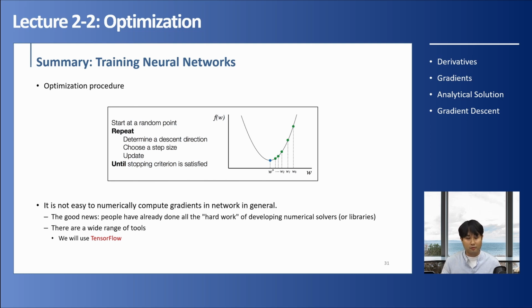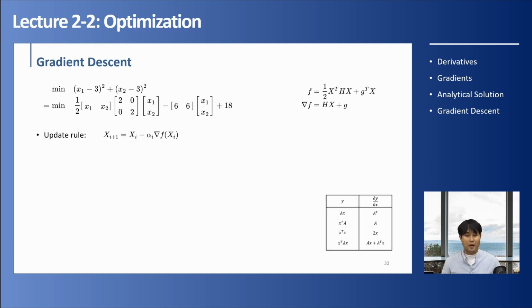Just like we did for the gradient descent case, we start off with some initial guess, and through gradient descent, we attempt to find the set of weights that minimize our cost or loss function. Again, you don't have to worry about the implementation of this gradient descent algorithm because we'll be using TensorFlow for the training process.